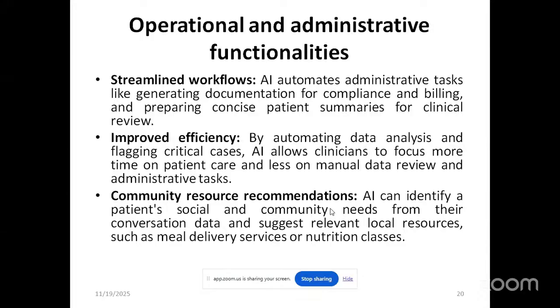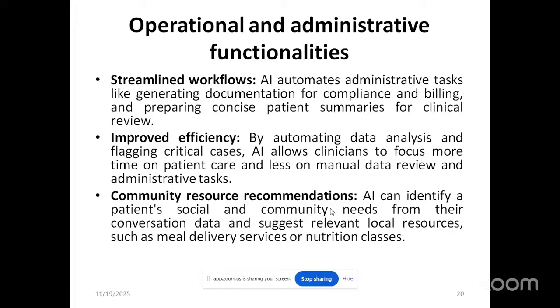Operational and administrative functionalities. There are three kinds. One is streamlining workflows, like AI automating administrative tasks such as generating documentation for compliance and billing and preparing concise patient summaries for clinical reviews.